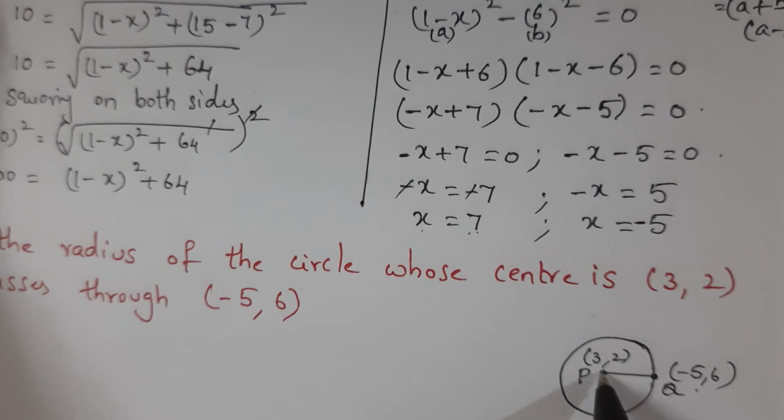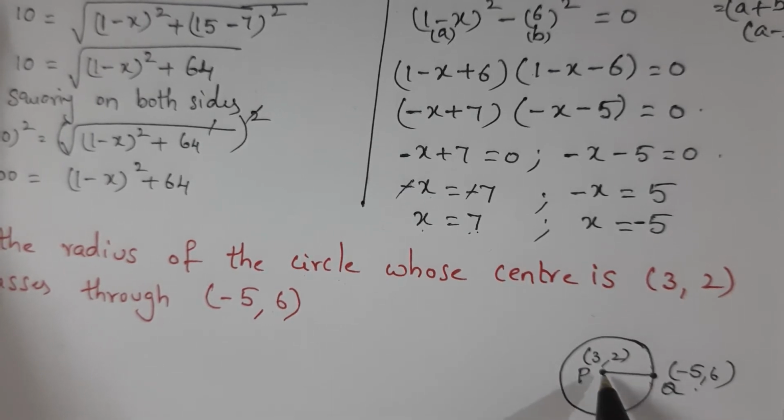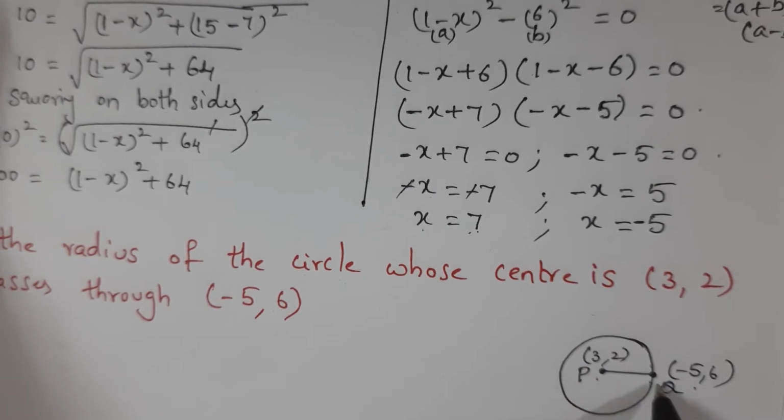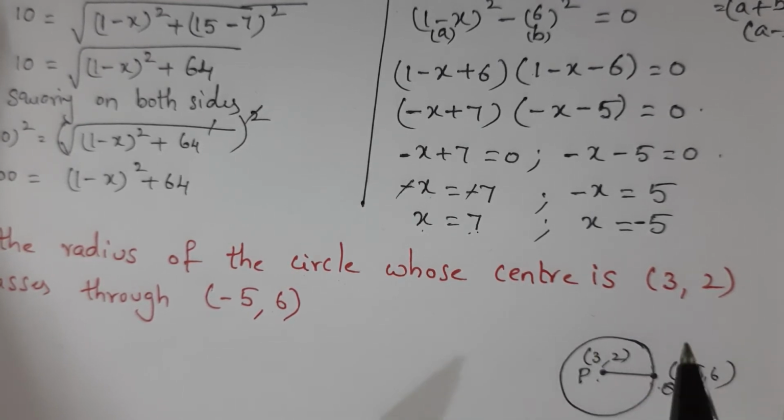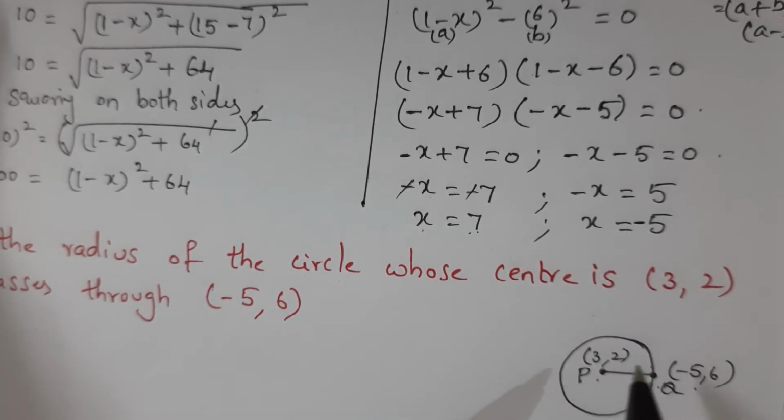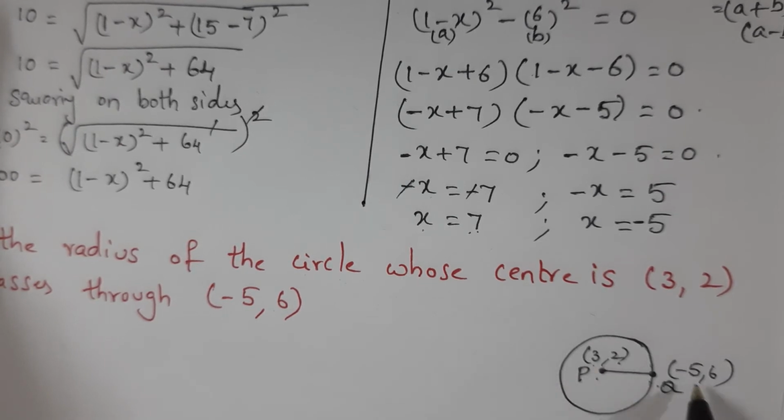We know from the center to any point on the circle, that is nothing but radius. So if we find out the distance between this P and Q, that is nothing but radius of the circle. So here we have to find out the distance between 3, 2 and minus 5, 6.